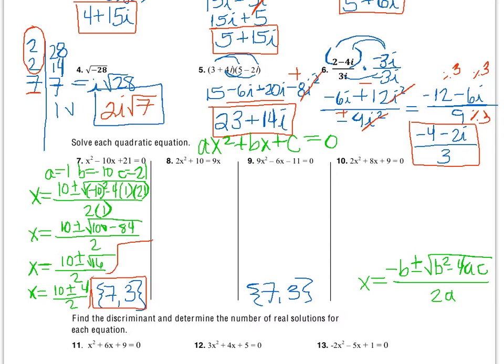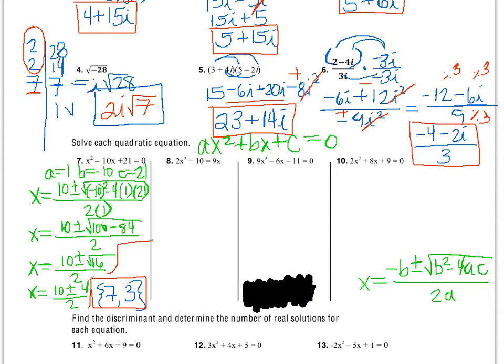Perfect. I can't seem to erase this other one. Okay, I can't manage to erase the 7 and 3 over here, so we're just going to cross it out so you don't get confused later, and I don't get confused.